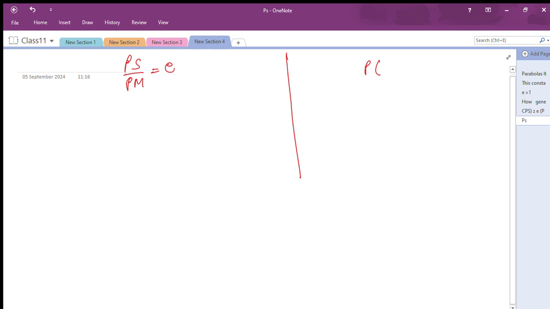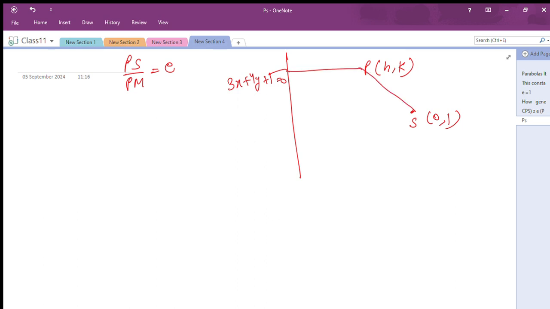This is a moving point P, h comma k, and this is the focus S whose coordinate is 0, 1, and this is the directrix 3x plus 4y plus 1 equal to 0. So now understand what the question says and find the equation of the parabola. So what is the distance PS?